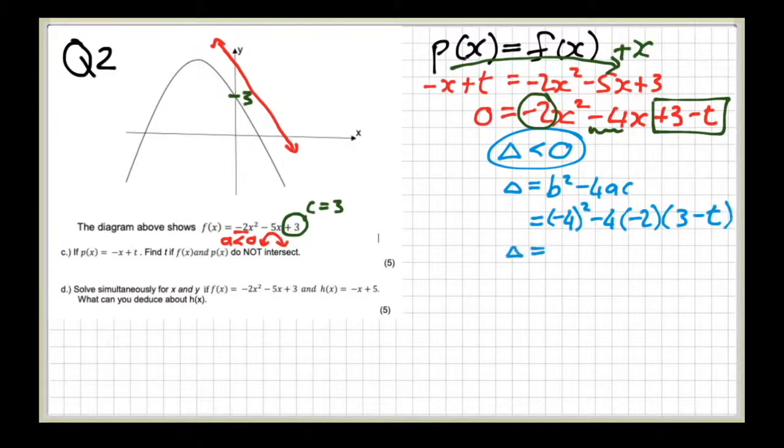So delta is equal to 16. Let's multiply out. That gives me plus 8.